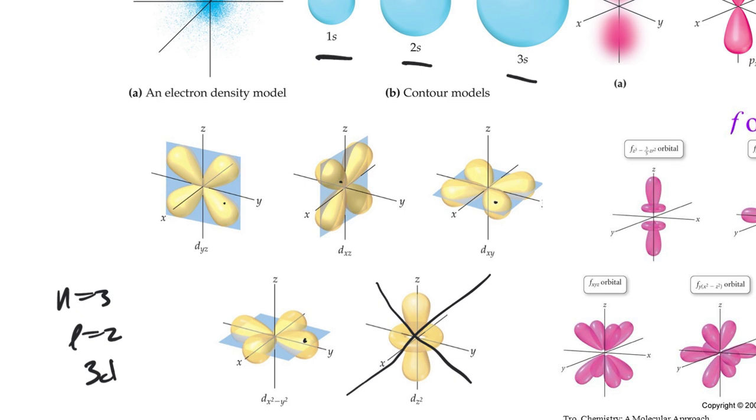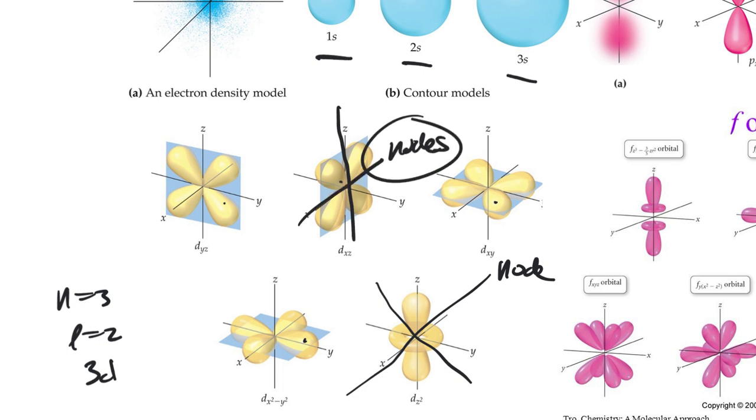With the shading, where you see the shading implies a greater probability of finding an electron in that region, and where you see no shading is 0 probability of finding an electron. And this region here, these are what we call nodes. Whenever you pass through a point of no probability of finding an electron, that's like a nodal plane or a nodal point. The key is seeing that there's 2 sets of nodes, and this is just coming from the L value of 2.